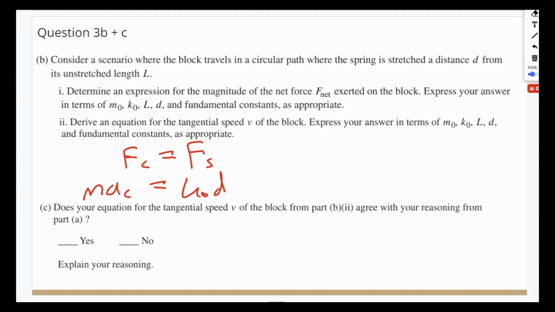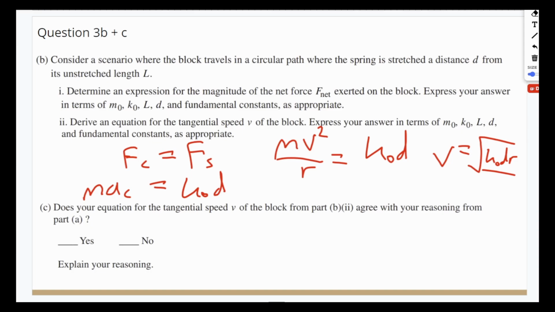So if we do that here, we'd get m v squared over r equals k0d. So let's solve for v here. We get v is equal to square root of k0 d r over m. And in this case, it'll be m naught because that's the initial mass given to us.